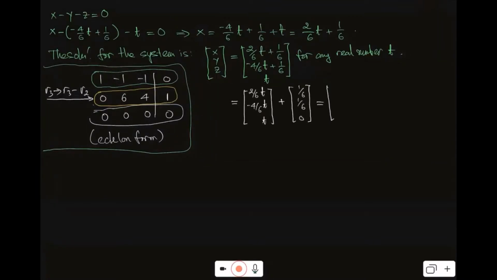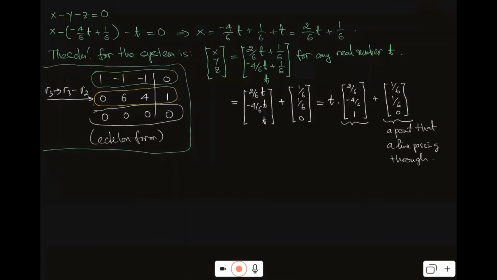We are going to pull out the t as the scalar multiplication for the matrix of coefficients 2/6, -4/6, and 1. All right. Now in R3, this serves like a point that a line passing through.